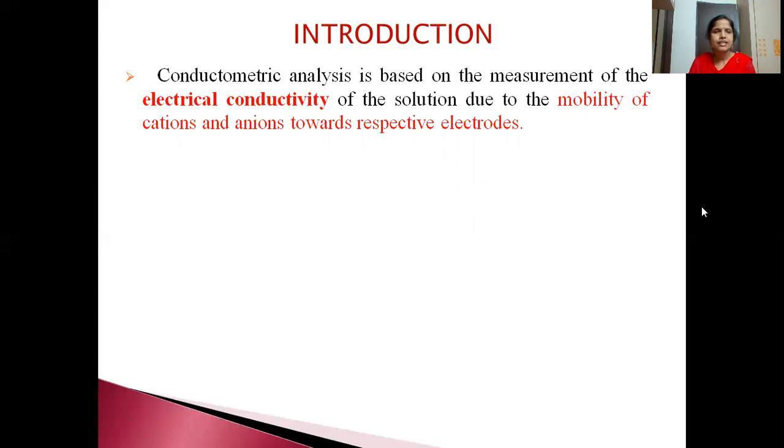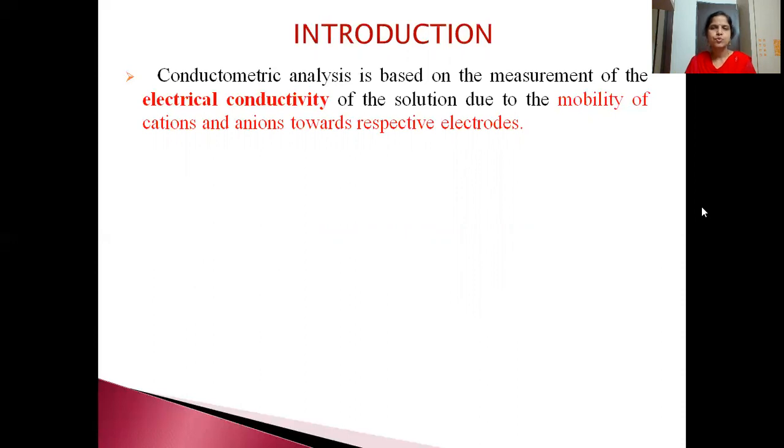And how is this conductivity measured? We all know that current is nothing but the transfer of electrons. When we are doing this experiment, the electrolyte which is present will undergo dissociation to give the cations and anions. And these ions will move towards the respective electrodes.